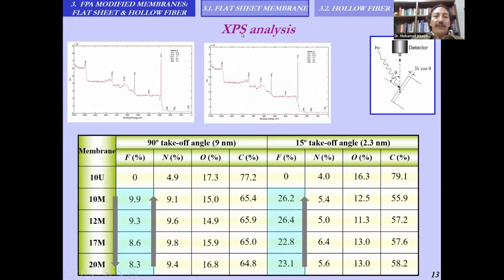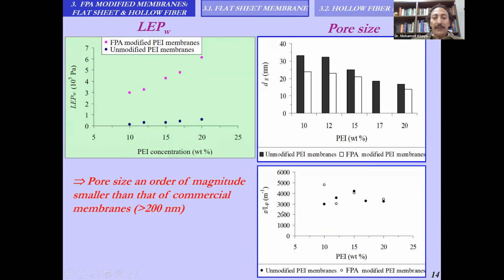We also used X-ray photoelectron spectroscopy analysis carried out at different takeoff angles in order to study the migration of this FPA to the polymer-air interface. We also observed that the concentration of fluorine near the top surface is higher than that far from the surface. So this also confirms the migration of FPA to the polymer-air interface.